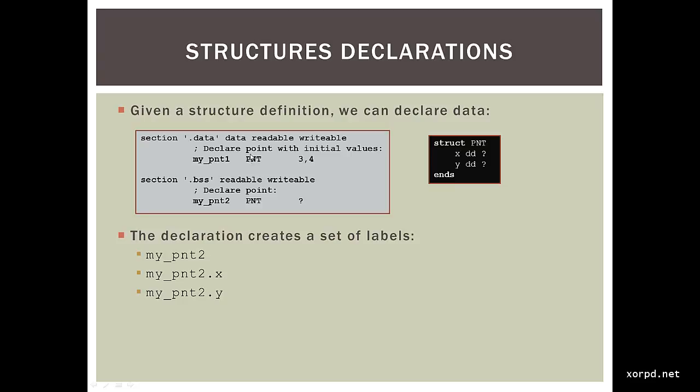PNT is the name of the structure that we have previously defined, and 3, 4 are the initial values. So 3 is going to be x, and 4 is going to be y. These two numbers will be the initial dwords inside the point structure.